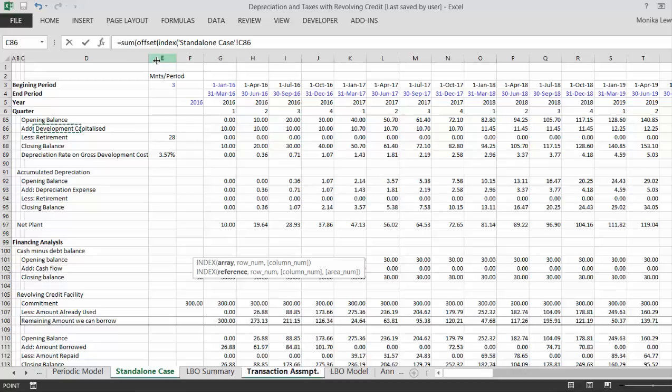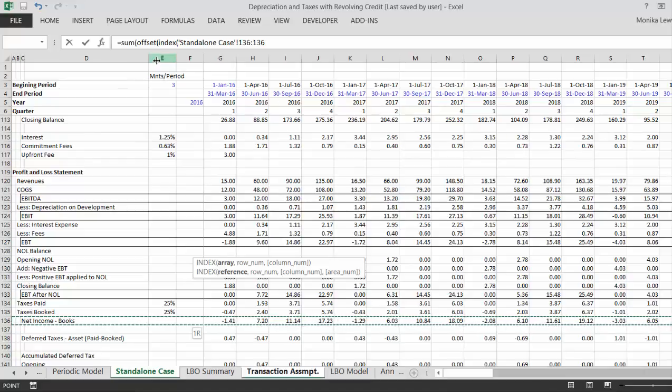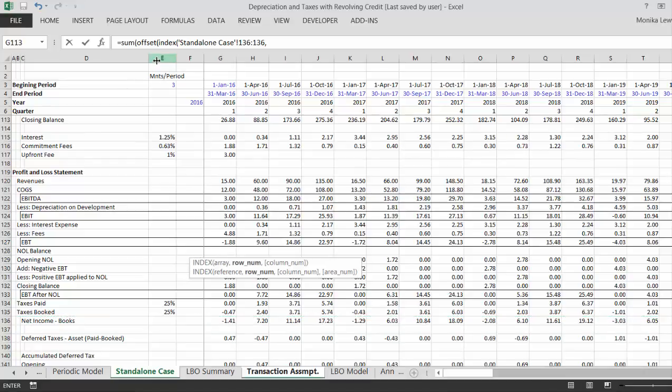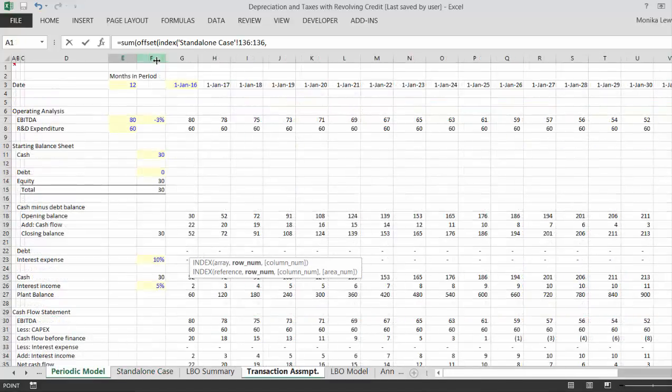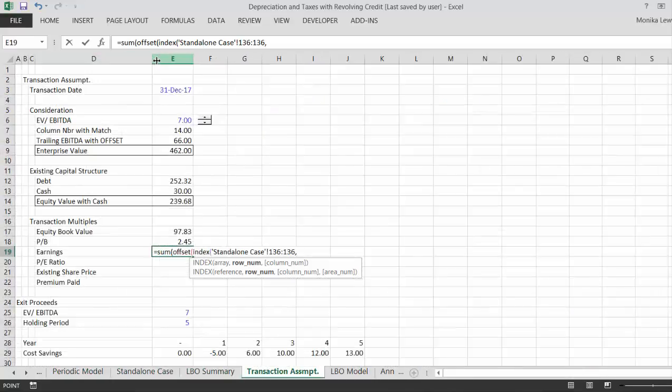We go down to the standalone case. Okay, we have the net income on our books, shift spacebar, and then you go to the transaction assumptions and find our famous column number.